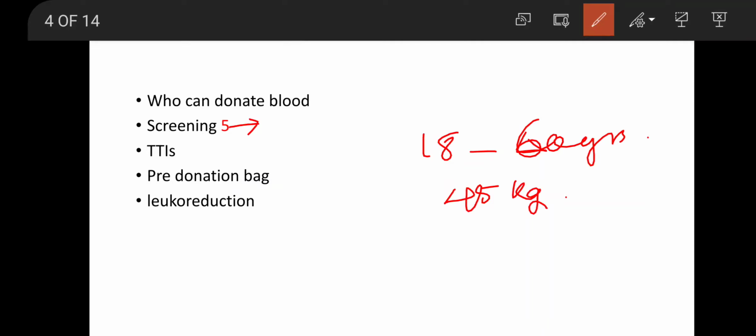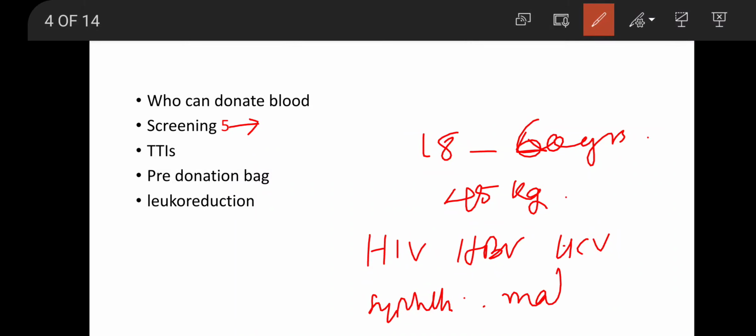Then next we go for screening for these diseases. It includes HIV, HBV, HCV, syphilis and malaria.